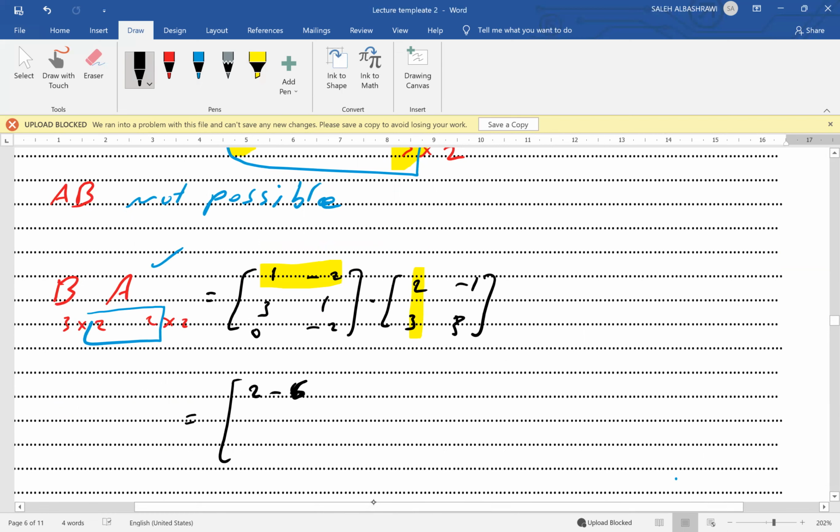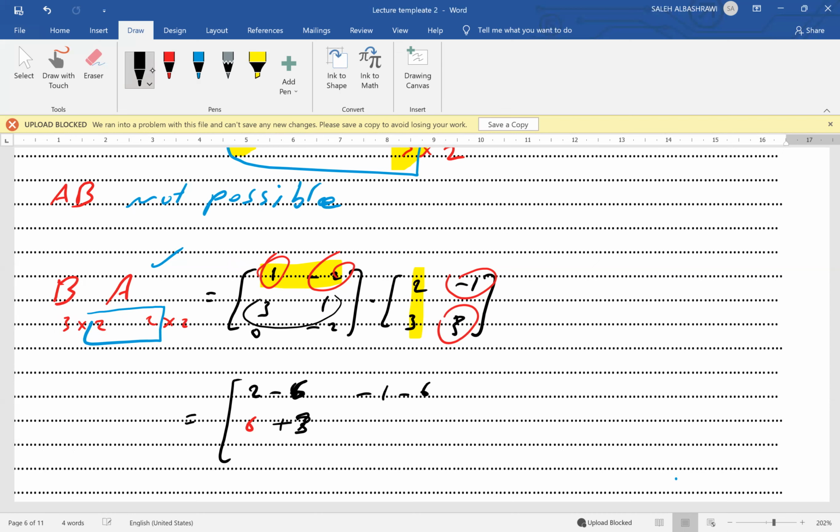Now first row, second column, I will have -1, -6. First with the first, second with the second. Now let's move to the second row. 3 times 2 is equal to 6. Plus a 3. And minus a 3 plus a 3. Second row, second column. And also we have 0, -6.